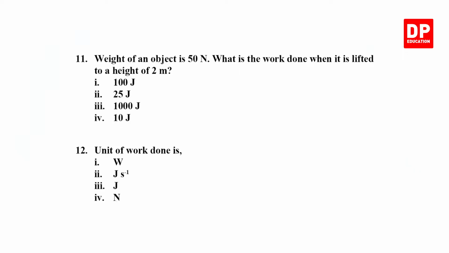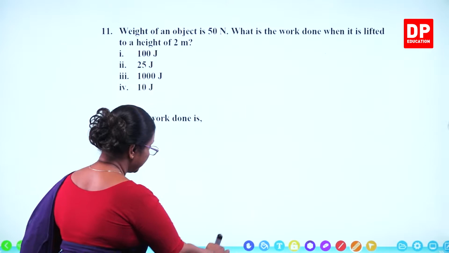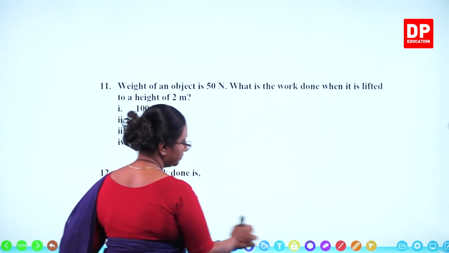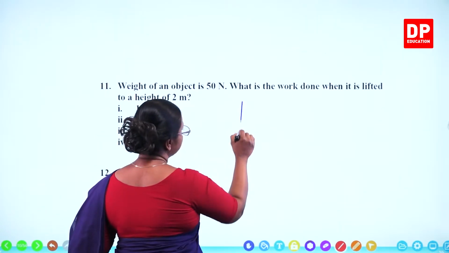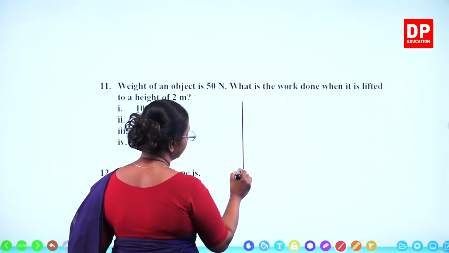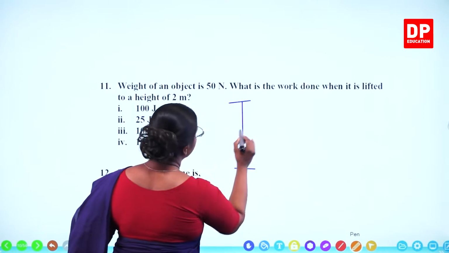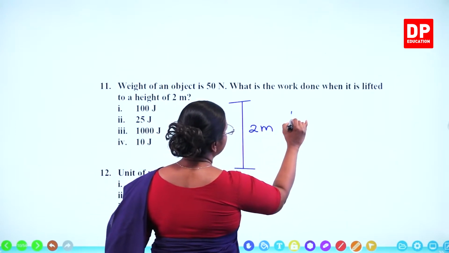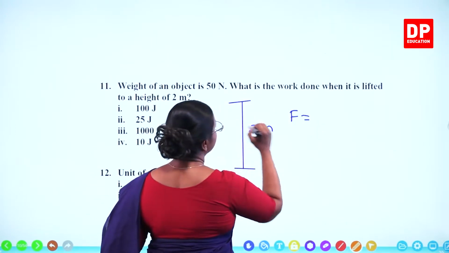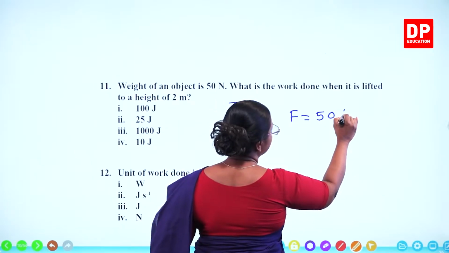11th one. Weight of an object is 50 Newton. What is the work done when it is lifted to a height of 2 meters? So this of course is a direct question. There is an object that is being lifted to a height from this point to this point. So there the height is 2 meters and the force is given to you as 50 Newton.